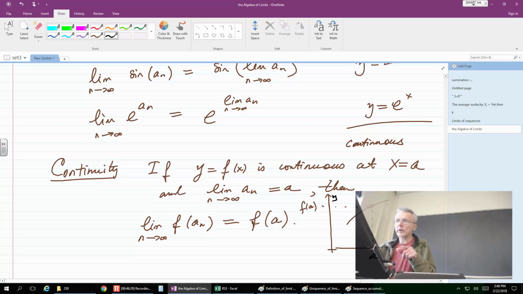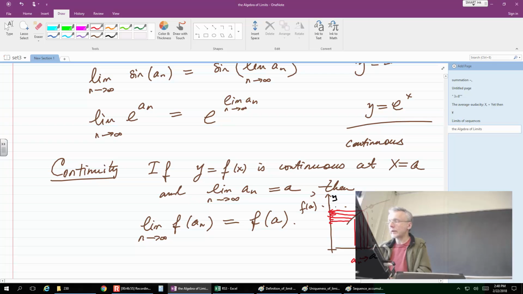We look at sequences of a_n's like this, converging to a, and then we want to make sure that the values of that function on the y-axis also converge.